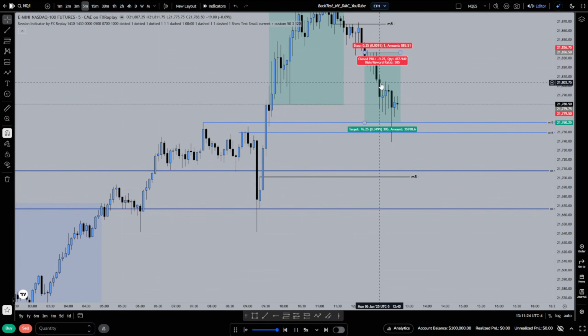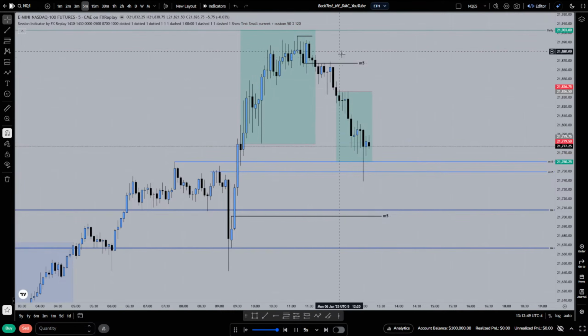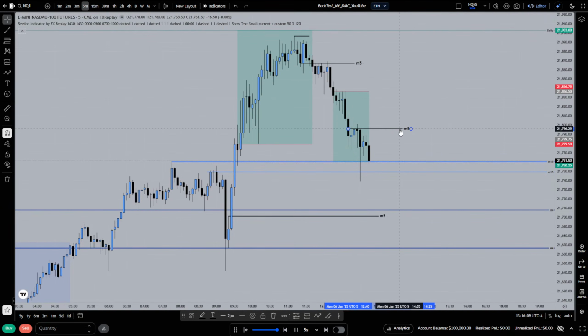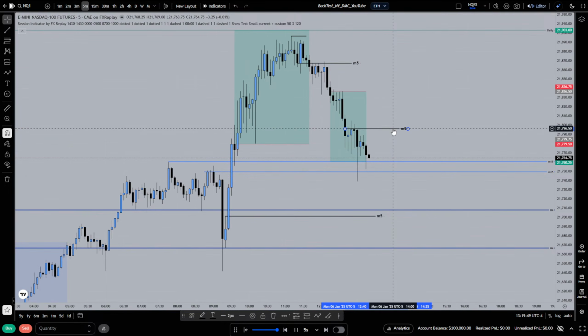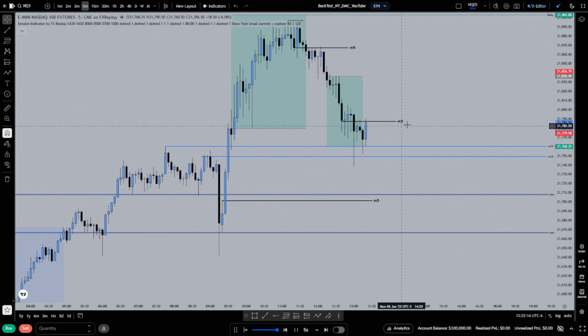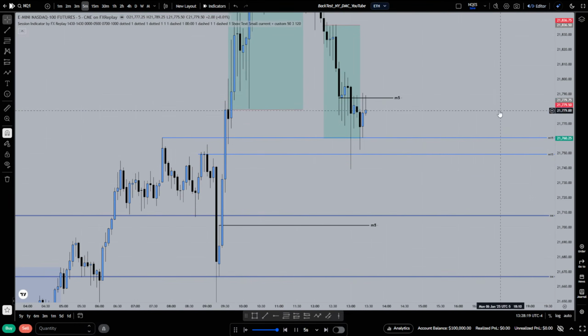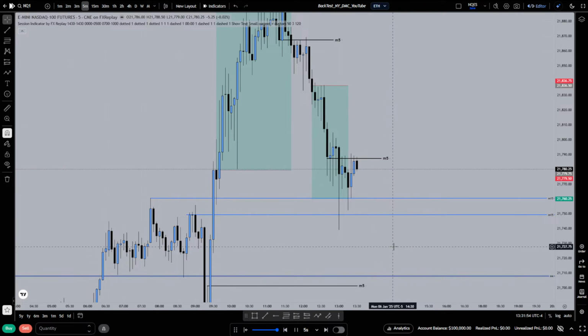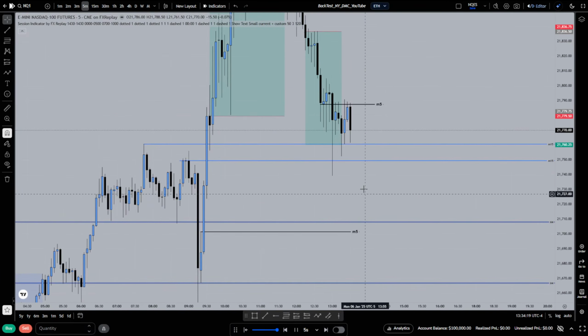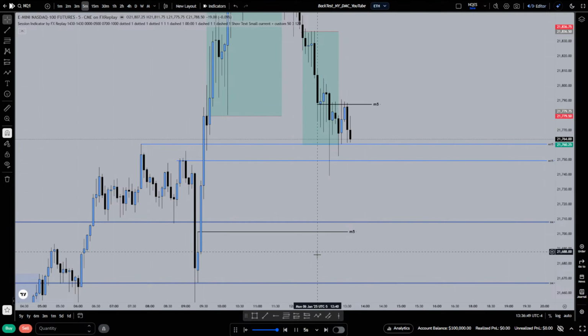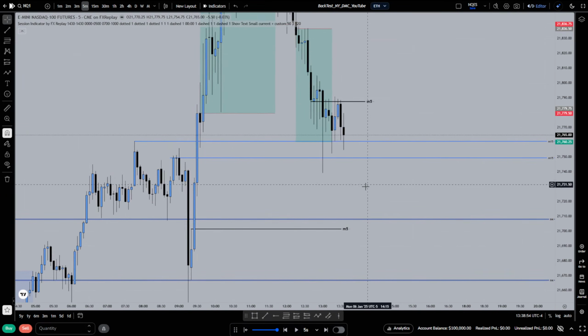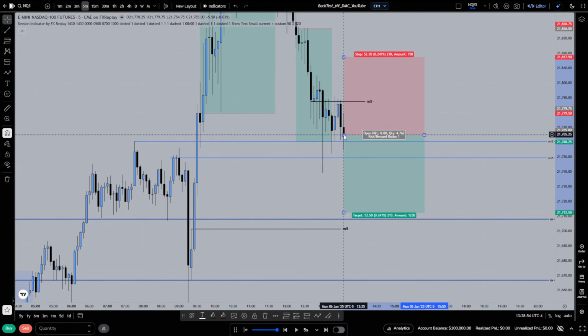Let's see if we lose one level. Okay. So now it looks like we're going to continue to go probably lower to this level now.